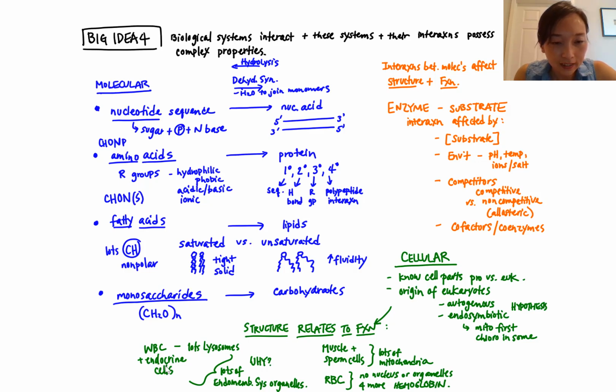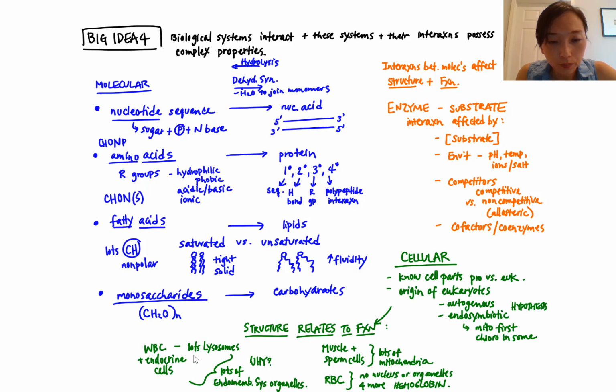So for white blood cells and endocrine cells, for example, you would expect lots and lots of endomembrane system organelles because they're producing antibodies, which are proteins, or hormones for endocrine cells. So in order to produce lots and lots of proteins and secrete them outside the cell, you're going to need the rough ER, you're going to need the Golgi, and ribosomes, lots of ribosomes, right?